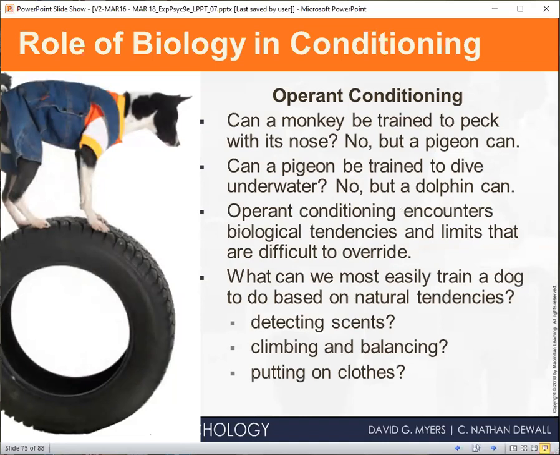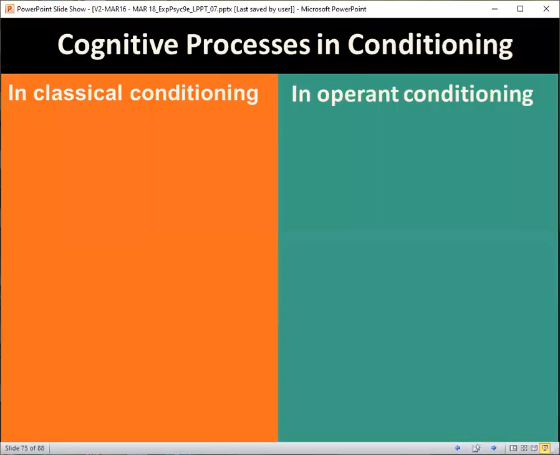It's based on dogs' natural tendencies. When you first meet a dog, it shoves its nose at you, sniffing your legs, your feet. So it has a tendency already: detecting scents, climbing and balancing, not putting on clothes. We see these natural tendencies, and it's easier to train if the biological natural behaviors are already there. So, cognitive processes in conditioning.